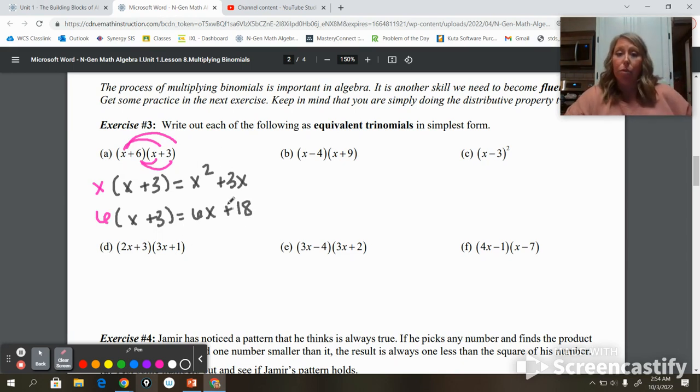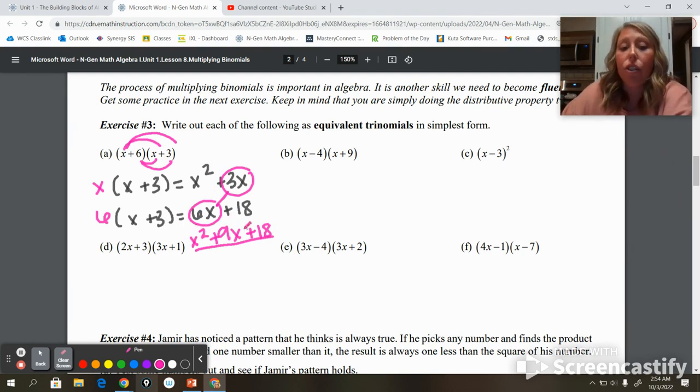You just don't have the actual box, but you've got 4 terms and your like terms are diagonal from each other. Your 3x and your 6x need to be added together. So that makes 9x plus 18 goes at the end, and then we bring our x squared down to get our final answer of x squared plus 9x plus 18.